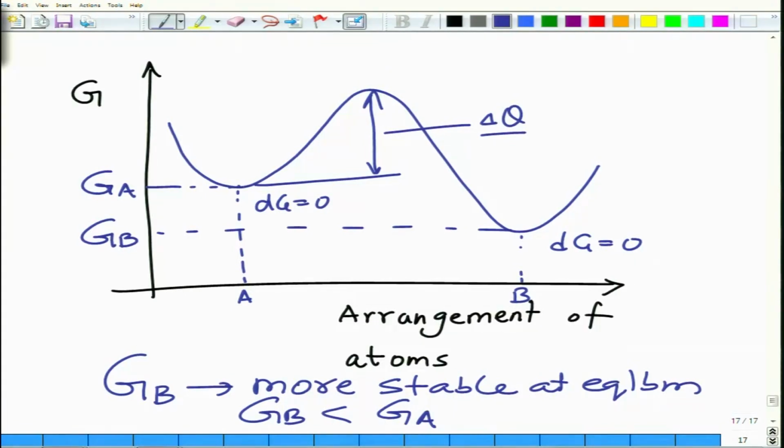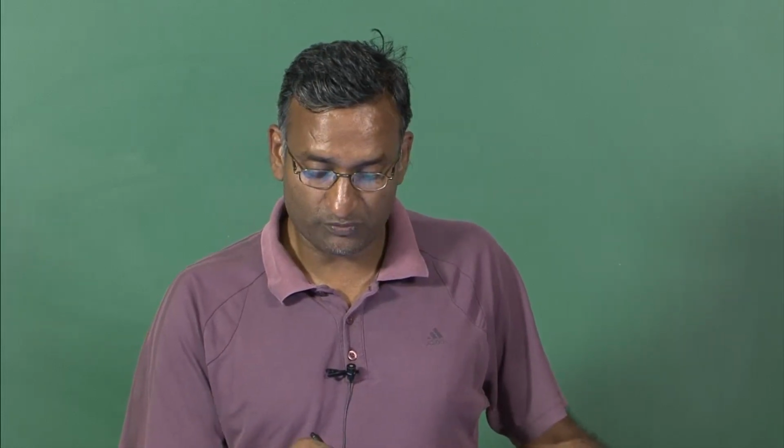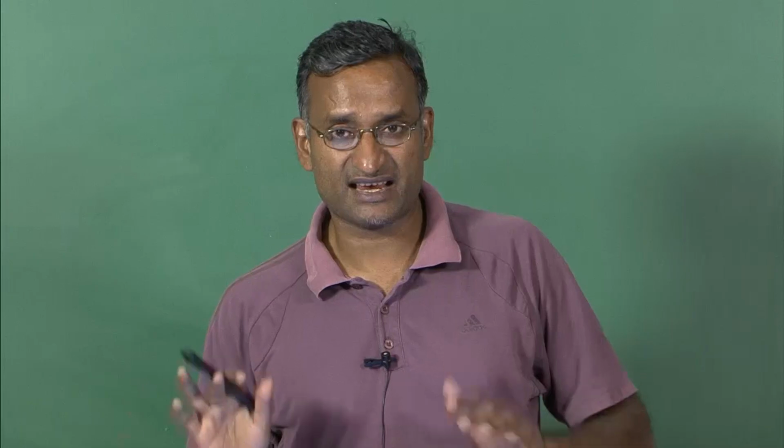So, as a result, typically some sort of impetus has to be provided for the system to move from this state to that state. This happens generally in glasses. In glasses, there are local minima in energy, and the system stays in that energy because the delta Q can be quite large for the system to achieve the proper equilibrium.